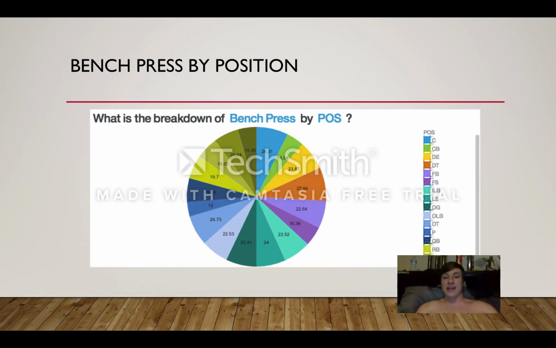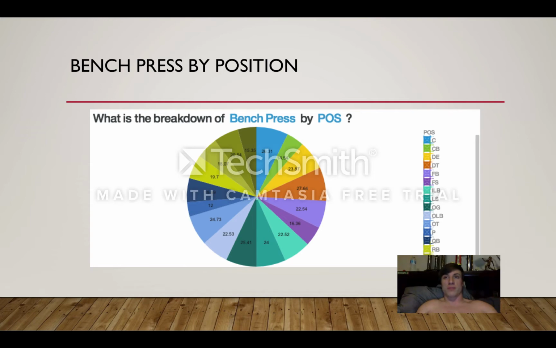And as you can see, comparing, we can see 12 right here, and that would be for a punter. Obviously a punter, all they do is kick, so they're not going to have much strength. But I just find this interesting because I love the comparing on how bench pressing relates to the position, because obviously if you're a lineman, you're going to be able to bench more, and if you're a receiver or a cornerback or a skilled position, you're not going to focus on strength.